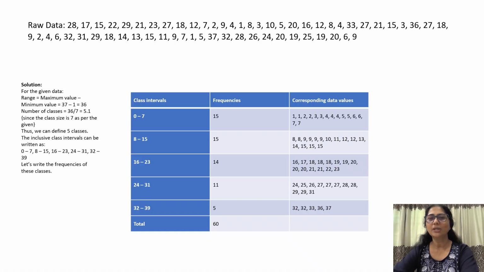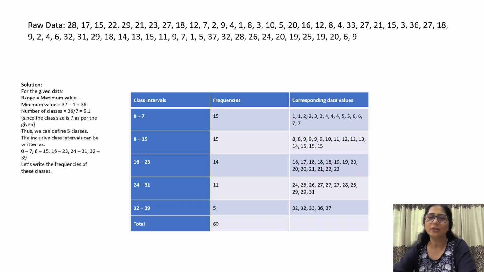Classes have a 7 class interval, and the corresponding data values we're going to put are 0 to 7. There are 15 values. Again, the frequencies are 15, and the corresponding data values are again put in 0 to 7.